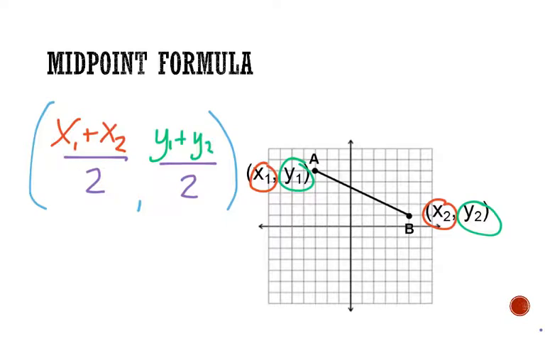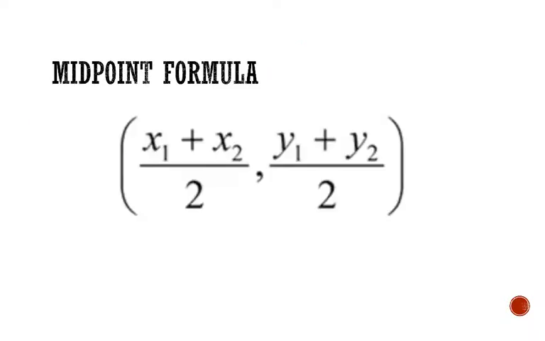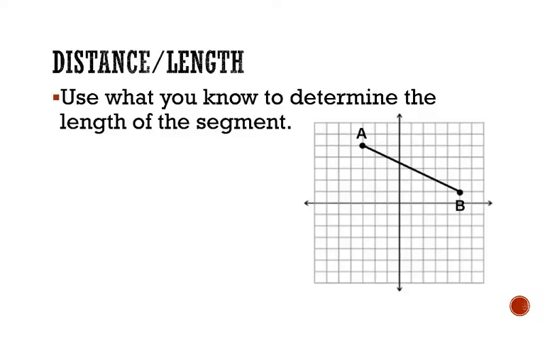But again, if you can't remember the midpoint formula, just remember that it's the average. So this is officially the midpoint formula. It will be given to you anytime you need it on a quiz or a test, but you could also just say, hey, I know that it's an average. Here it's written nicer, super.